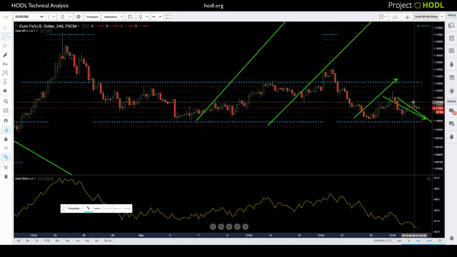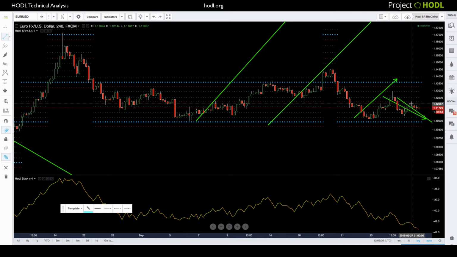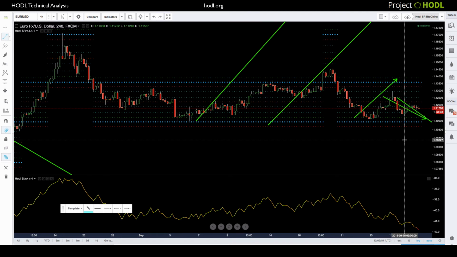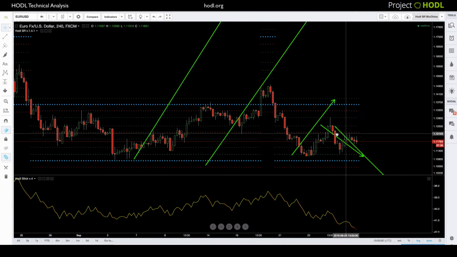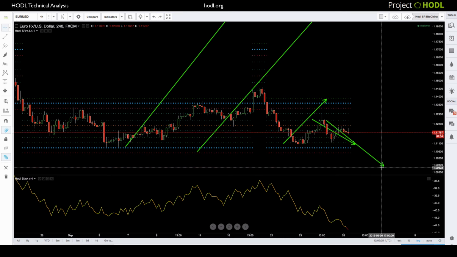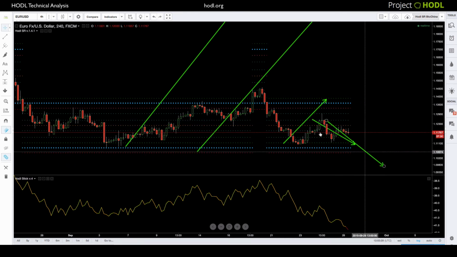So this level proved a strong resistance, and this might just be a little retrace up, bounce, and will continue to go down. So the first target is the main support level, and the next target is even lower. It's here, it's a full move from here.